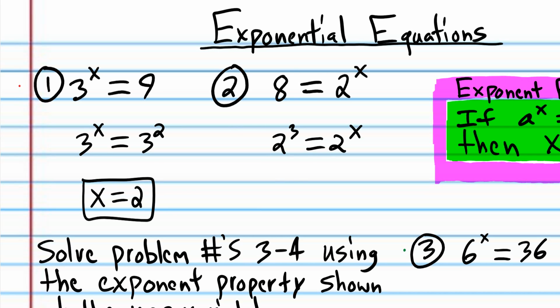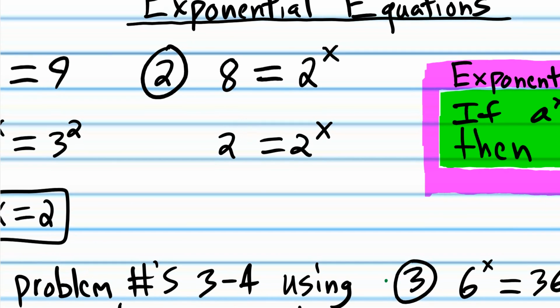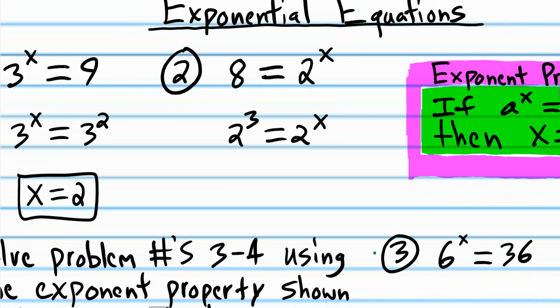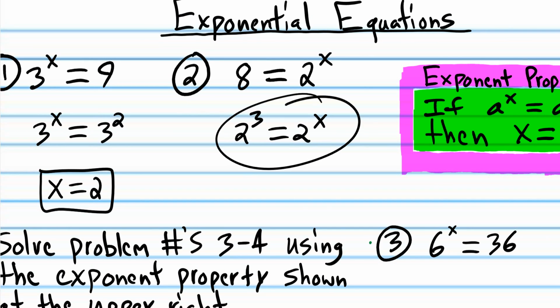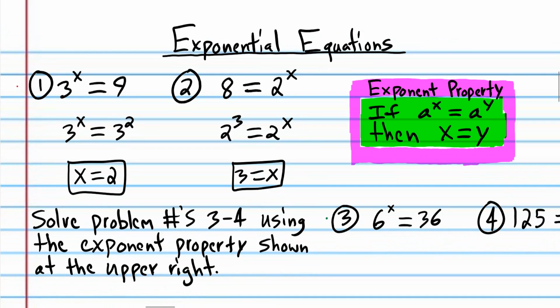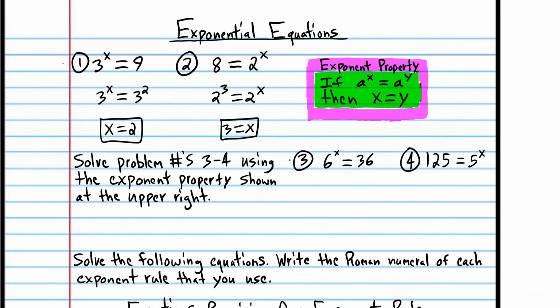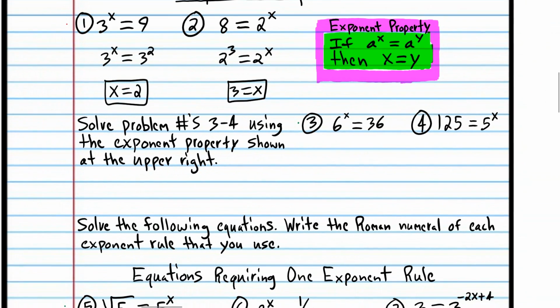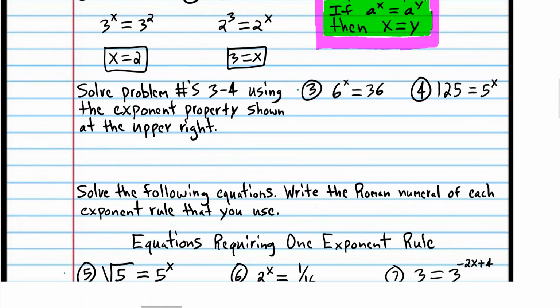Isn't it true that I can write 8 as 2 to the third power? 2 to the third power is 8. So now we have that expression. The bases are the same, so obviously the exponents must be equal. I know that seems pretty easy, but we're going to need that idea for more complicated problems.